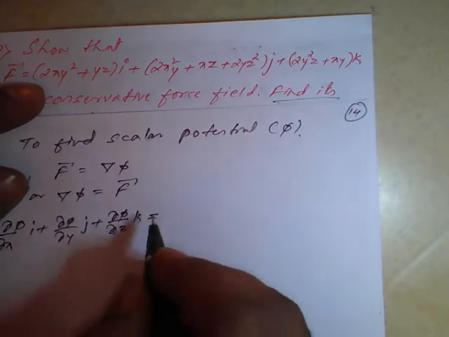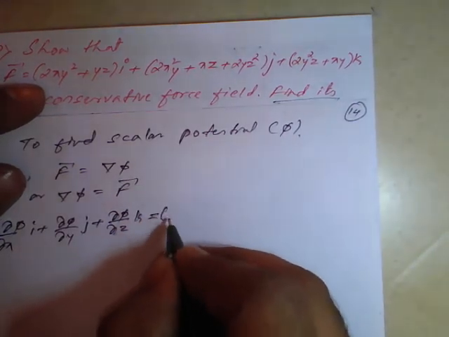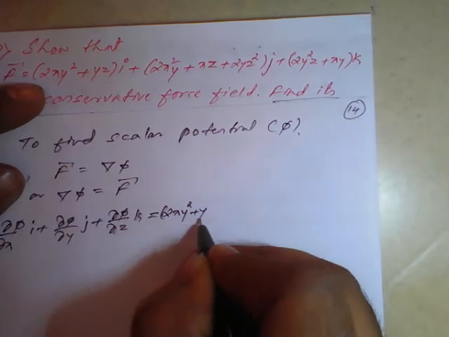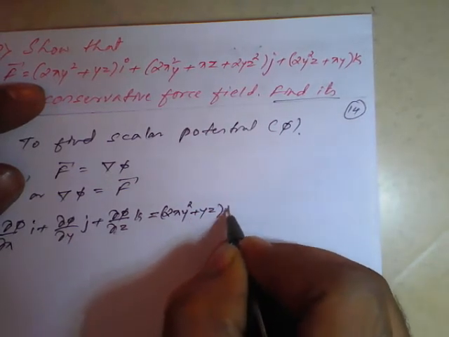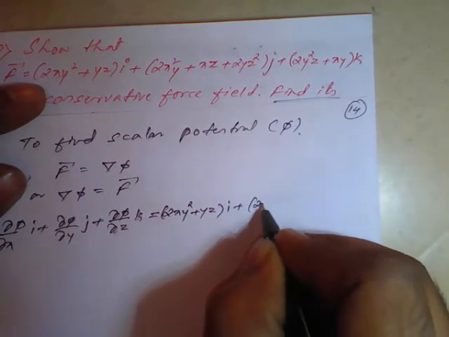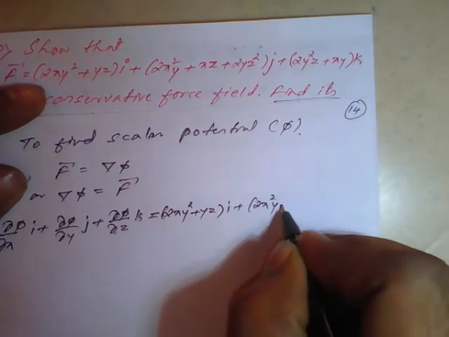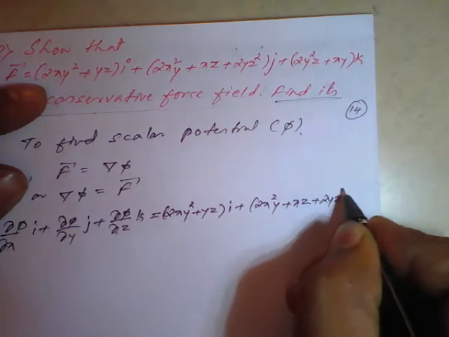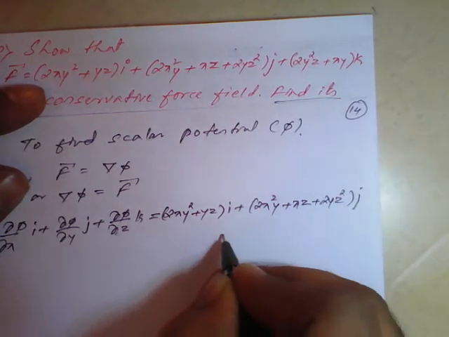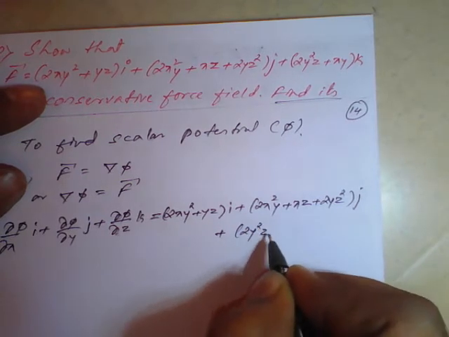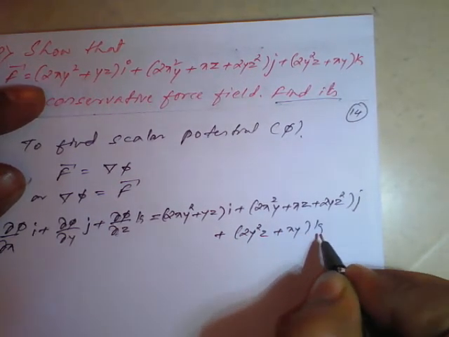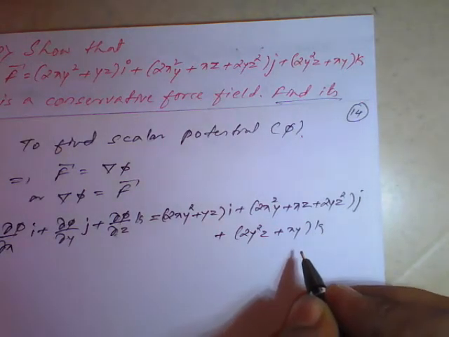Vector F is (2xy² + yz) i + (2x²y + xz + 2yz²) j + (2y²z + xy) k.